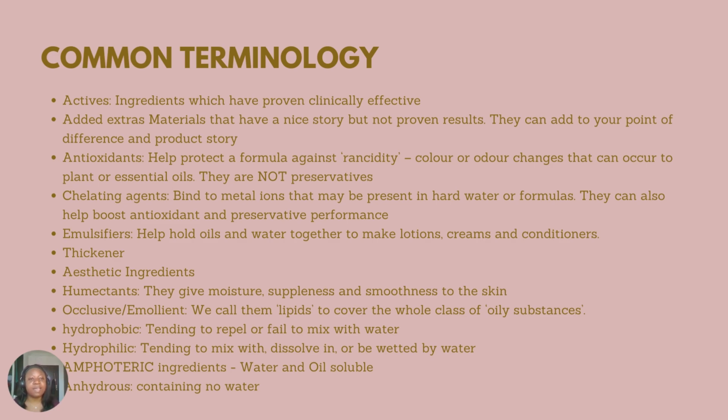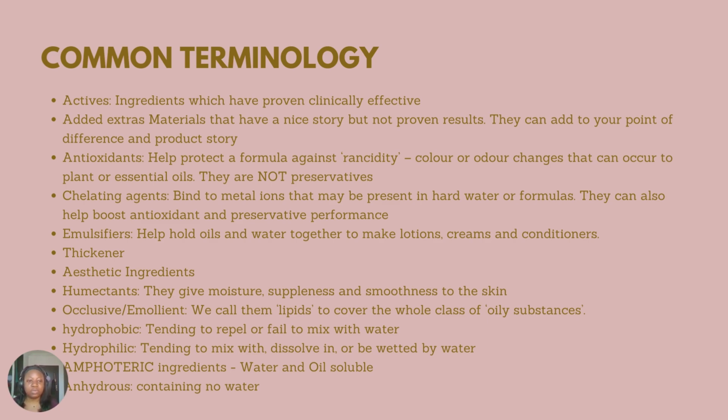First on our list, we have actives. So actives are ingredients which are proven clinically effective. For example, we have salicylic acid, which has proven clinically effective to get rid of acne and to just clear the pores. And we have alpha hydroxy acid, vitamin B, vitamin A, kojic acid.